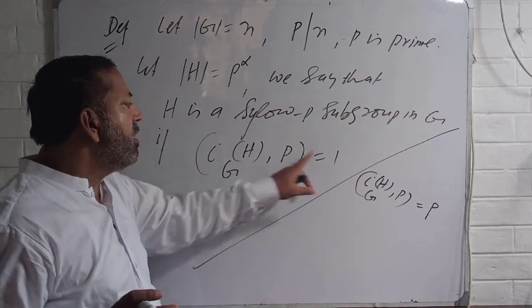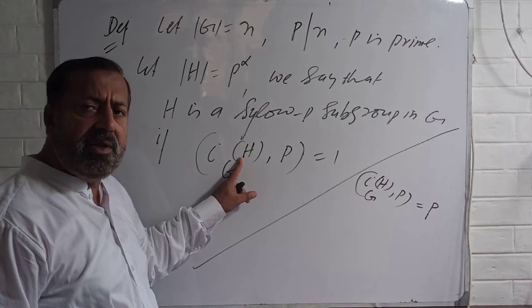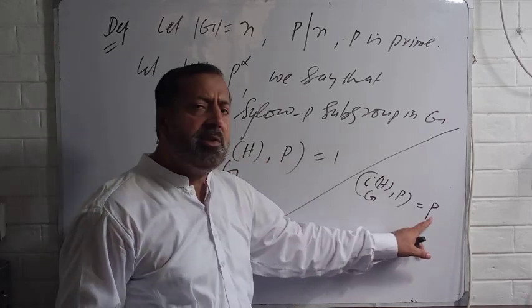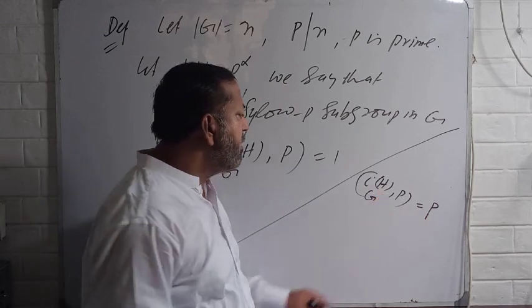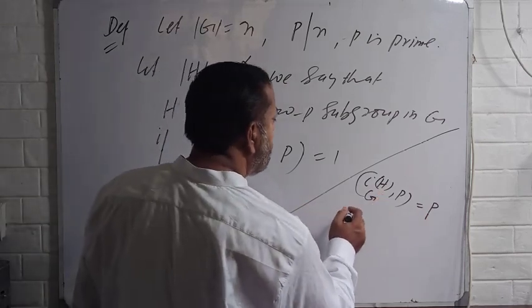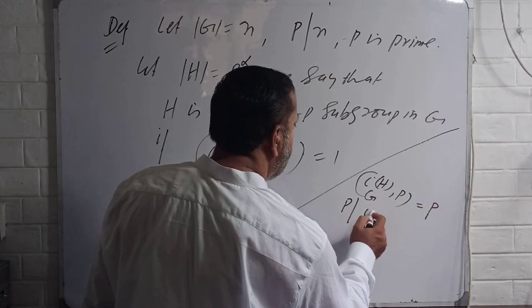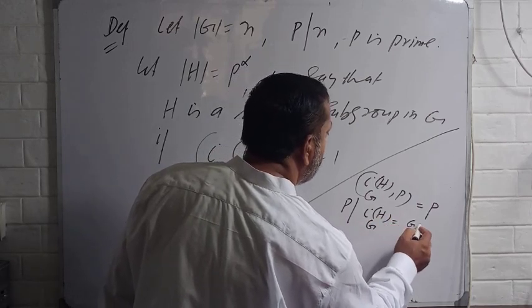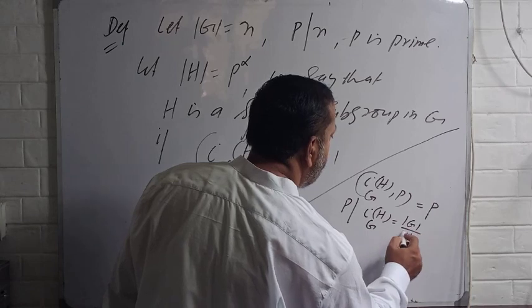So if they are not relatively prime, then p must be a divisor of this, and then their GCD must be p. This means that p is dividing the index of H in G, which is equal to order of G by order of H.